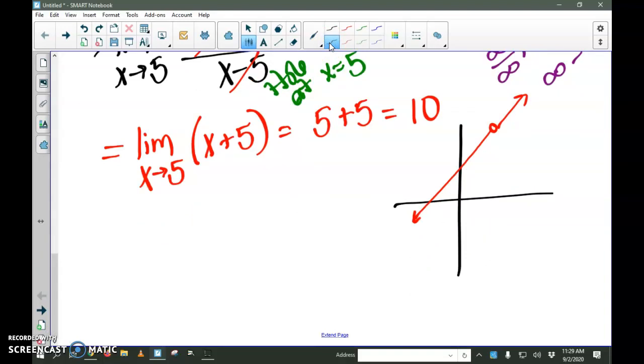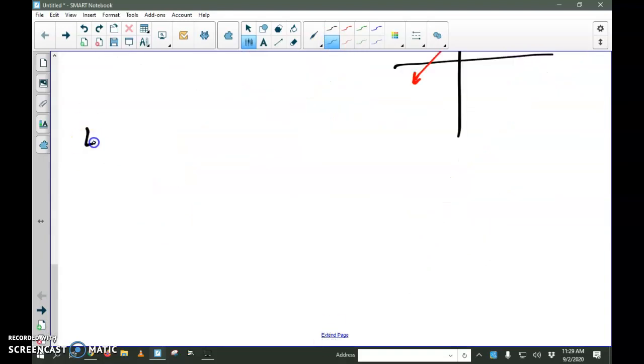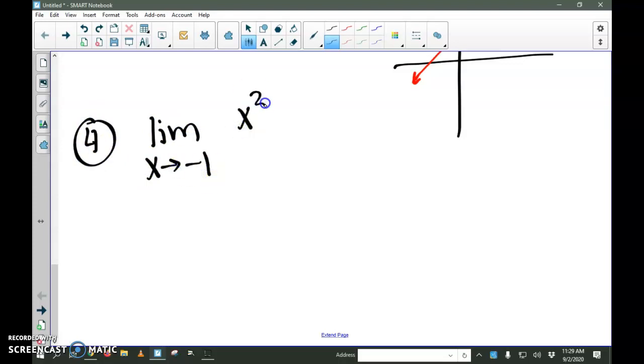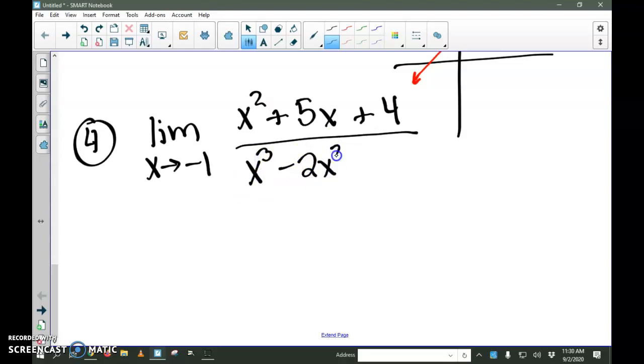All right, just for fun, I have one more for us. The limit as x approaches -1 of x squared plus 5x plus 4 divided by x cubed minus 2x squared minus 3x.